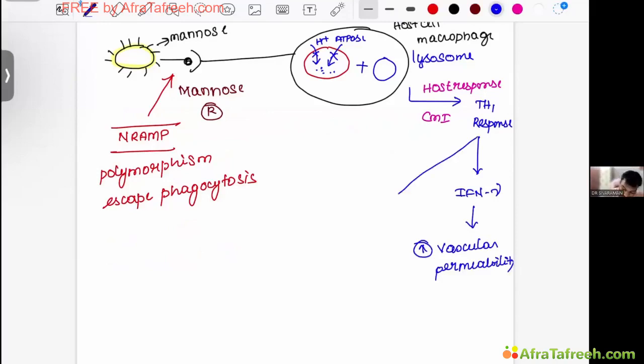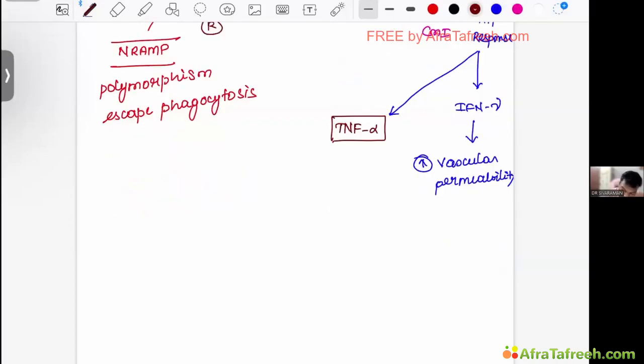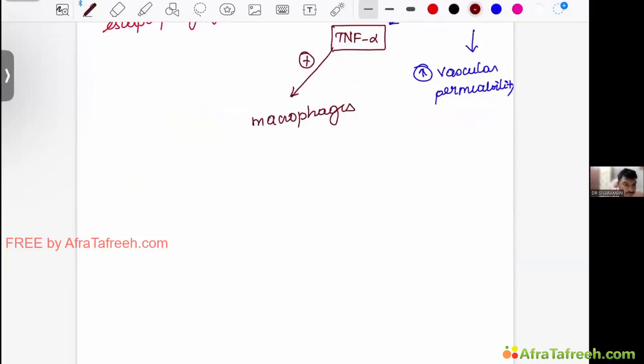At the same time, the Th1 response activates TNF alpha. What will this TNF alpha do? It will stimulate the macrophages. These macrophages will cause a granulomatous reaction.